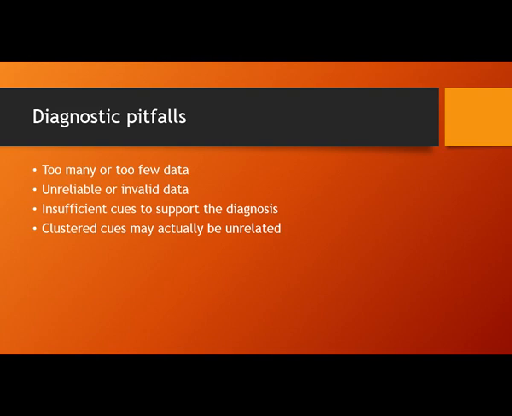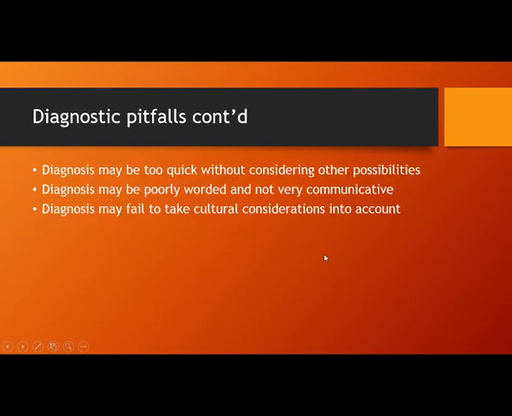That certainly can be the case, but sometimes shortness of breath is caused by other things, say a respiratory problem, and maybe the person has an irregular heart rhythm but isn't in heart failure at all. So that's an example of how you could falsely relate cues that are not really related.